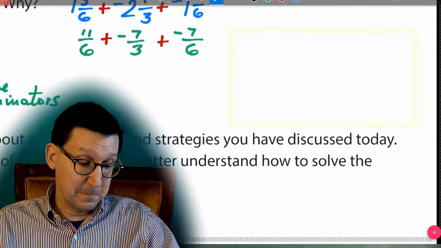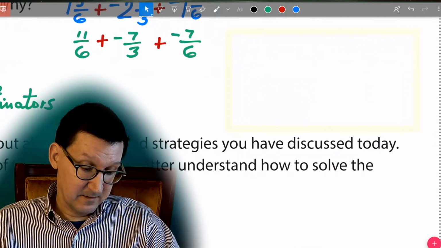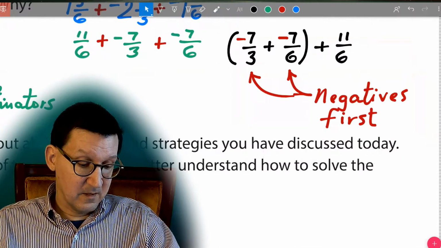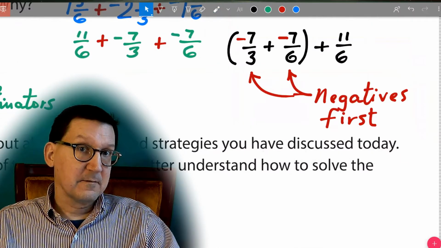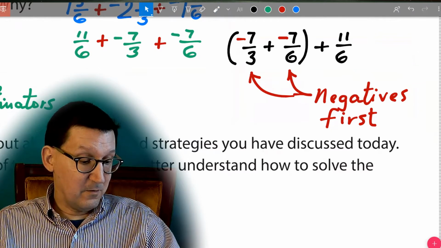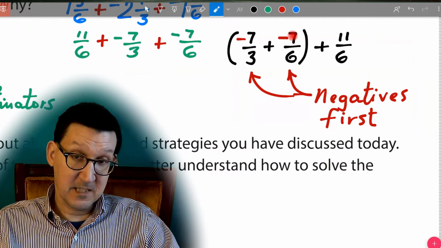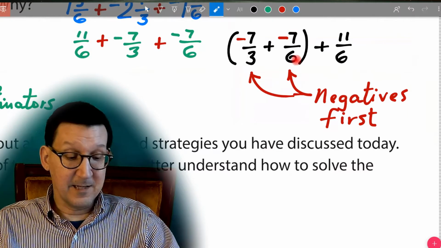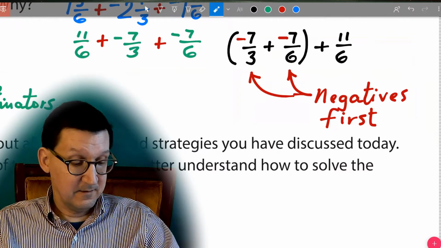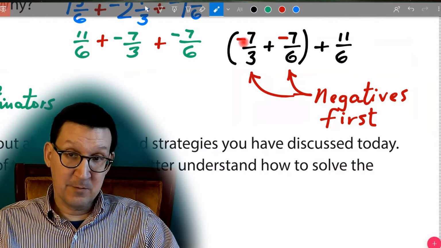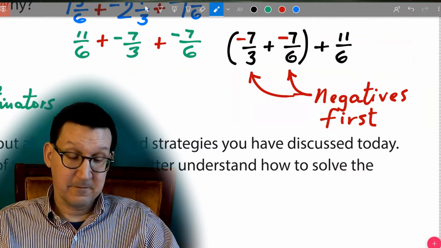Another way we could do it, you could do it like this. You could put all your negatives together first. You can say, okay, well, we have negative 7/3 and negative 7/6. Now we'd have to get common denominators, but after we do that, we're just adding these 2 numbers together, right? Because it's a negative plus a negative.